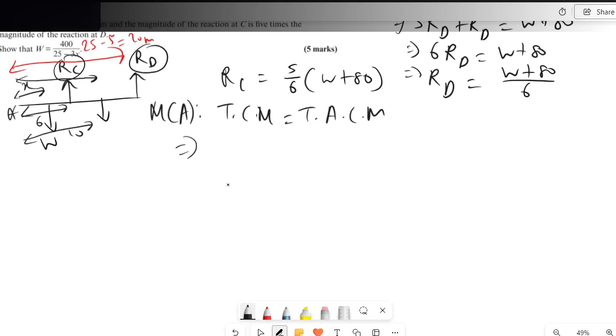Therefore taking moments from A, we can say that the total clockwise moment, which is being provided by 80 newtons in this direction, and similarly by the weight, which is W, in this direction.